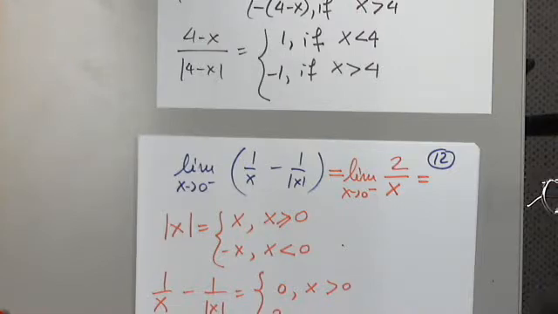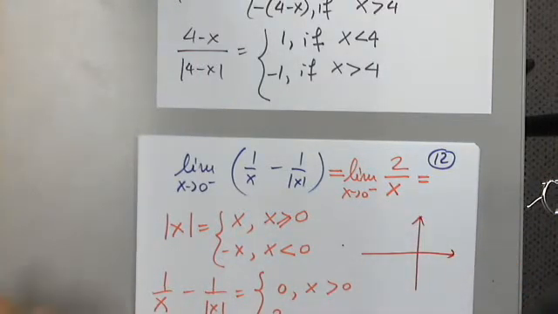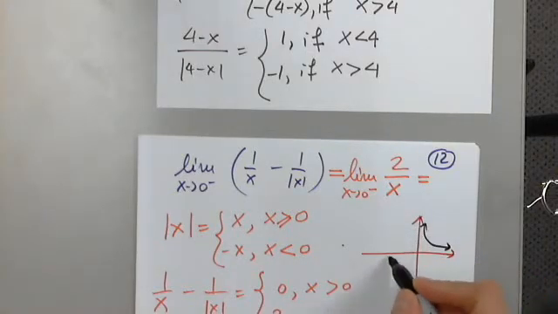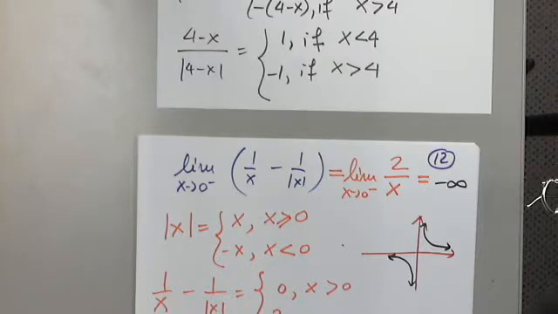If it's 1 over x or 2 over x, it doesn't matter, the same shape. Here's the graph of 2 over x or 1 over x, it is the same thing. Very important to remember this function, please. So the limit is? Awesome. The limit is indeed negative infinity.